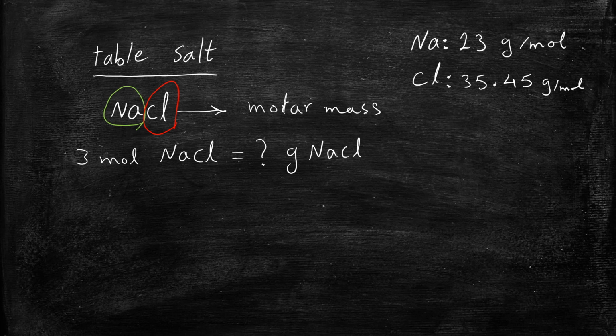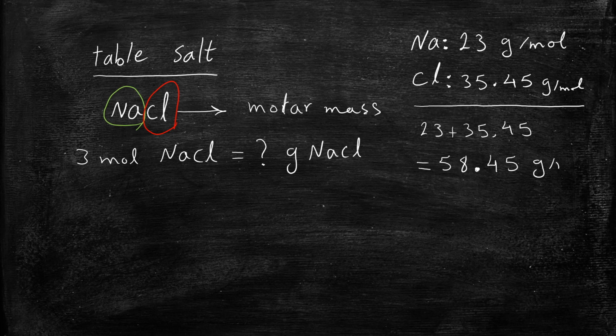With that information, now I can add them together. In the molecule of NaCl, I have 1 sodium and 1 chlorine. So I add 23 plus another 35.45. And the result is 58.45 grams per mole.